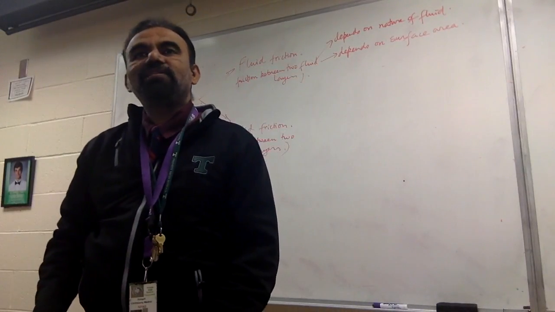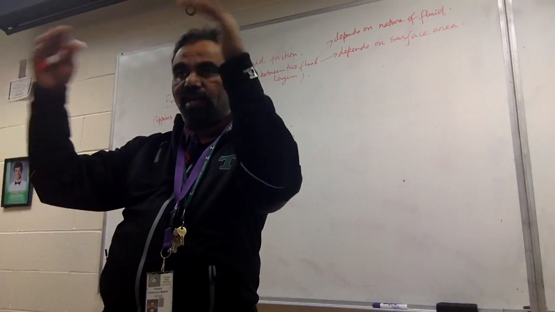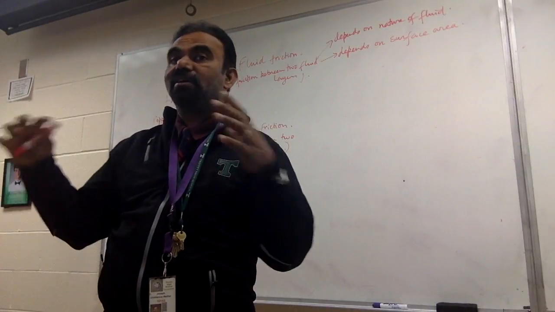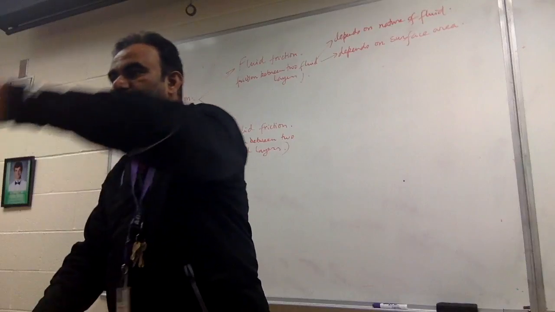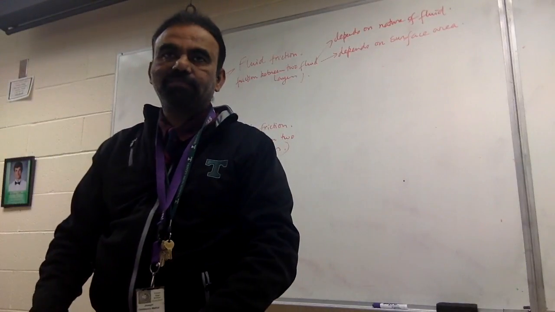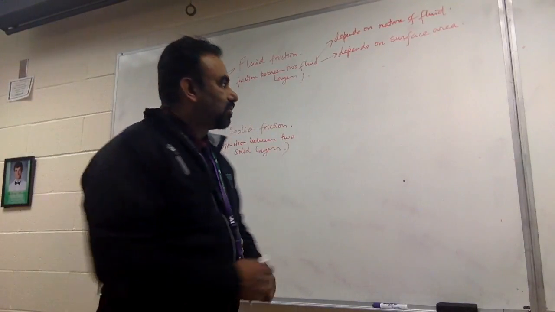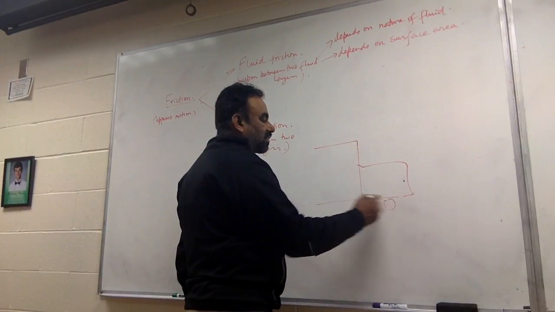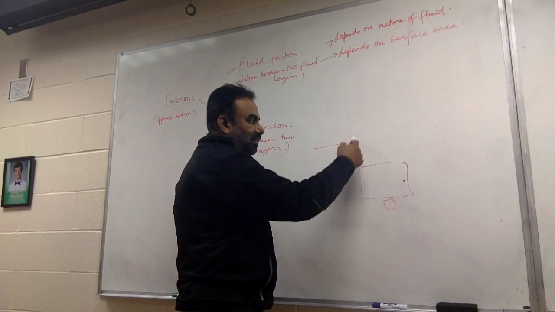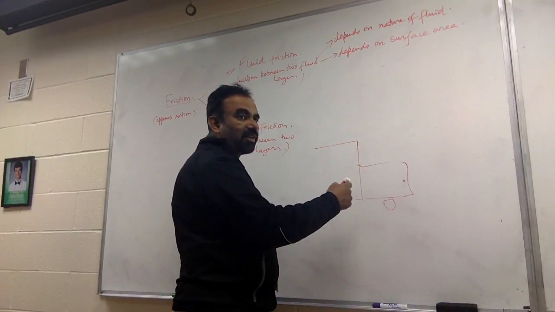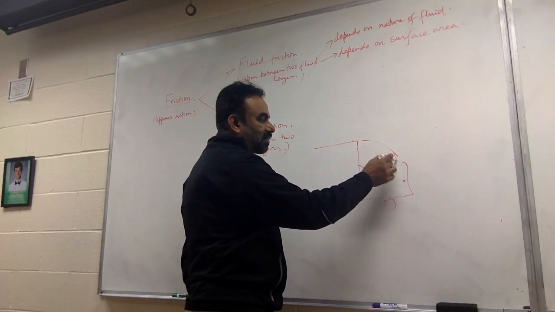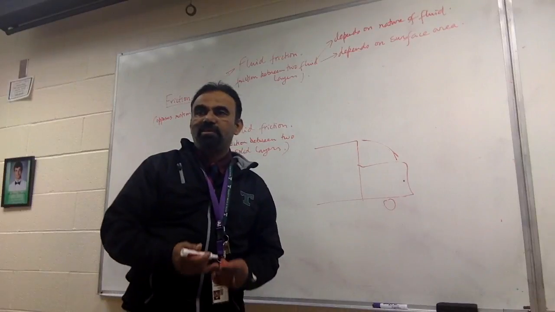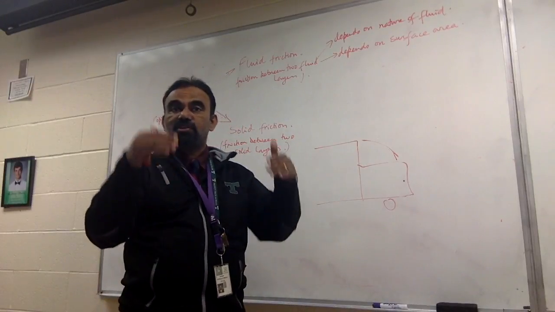That's why you make the car more aerodynamic, so you can minimize the surface area and make the airflow more smooth over it. If you think of a truck and the engine that carries the truck, all this area is a lot of area. So they put that thing on top to minimize the fluid friction.